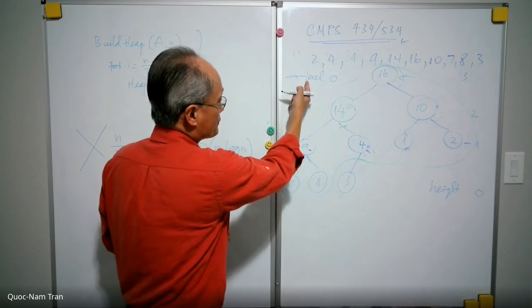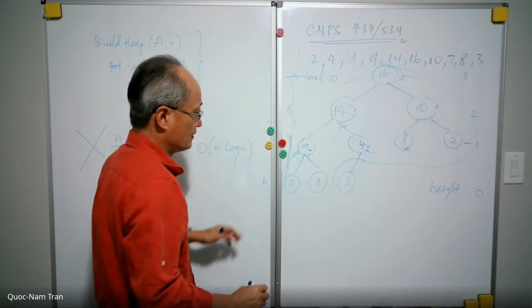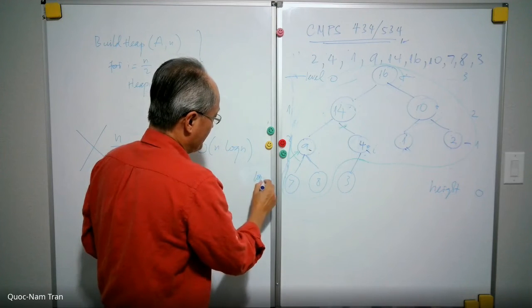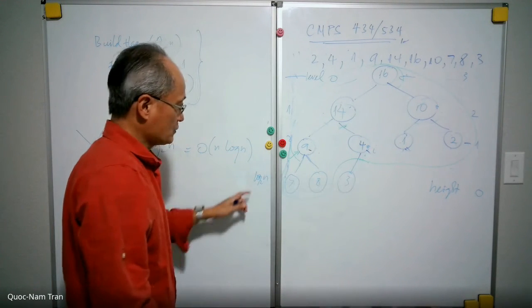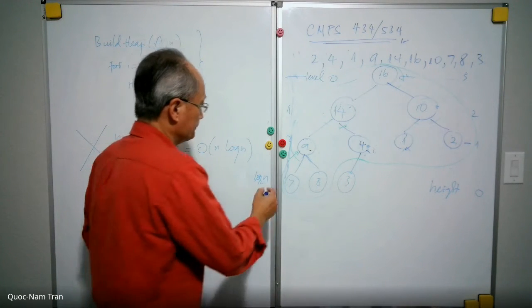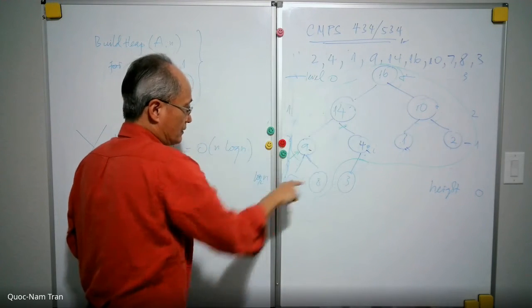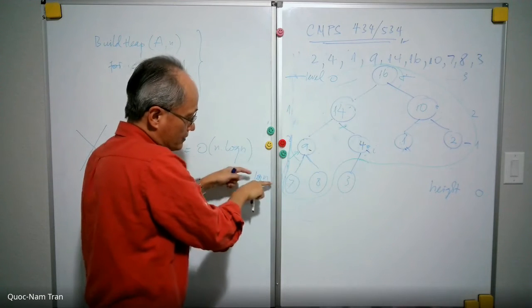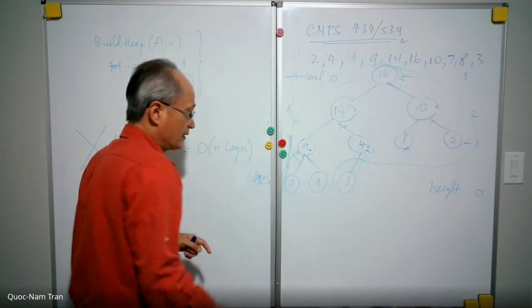So the level is 0 to level h, where h is log 2 of n, right? So the last one is actually log 2 of n minus 1, okay? Because we go from 0. So the height is log 2 of n, so the last level is log 2 of n minus 1, right?